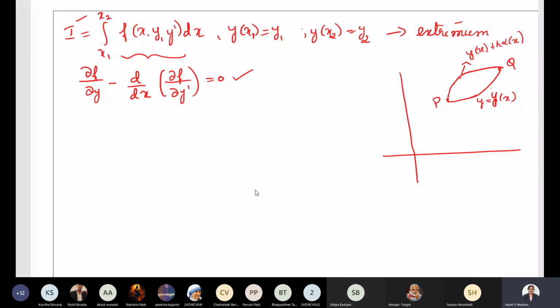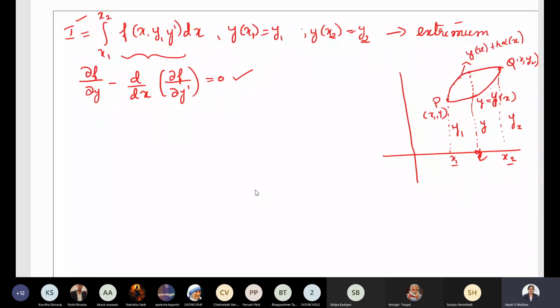Now consider the points x1 and any point x over here, and let's take this as x2, because our integral varies from x1 to x2. Let's take this length as y1, this length as y and this length as y2. P will be x1 comma y1 and Q coordinates will be x2 comma y2. So this is just the figure.